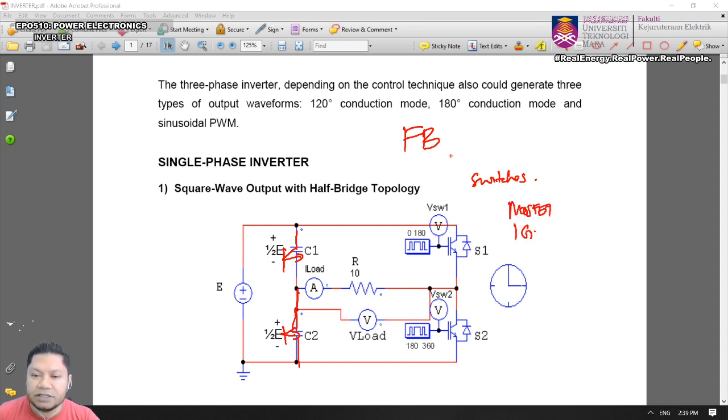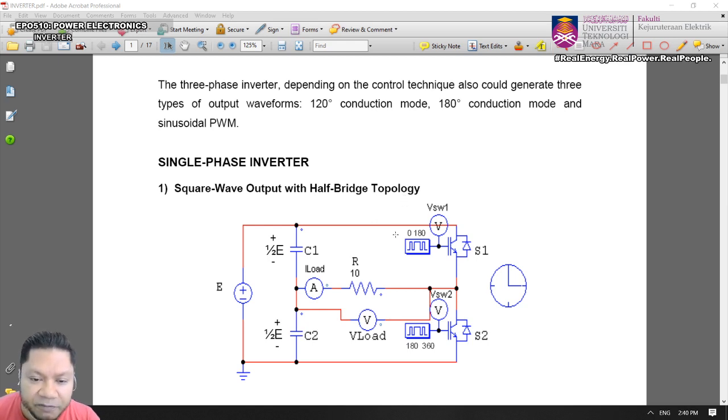This is known as full bridge if all are switches. We're going to discuss the half bridge topology first, and the full bridge output is only twice, 2 times, of whatever voltage you get for the half bridge.